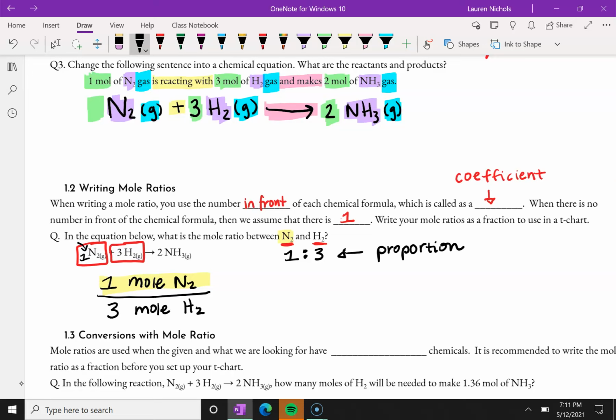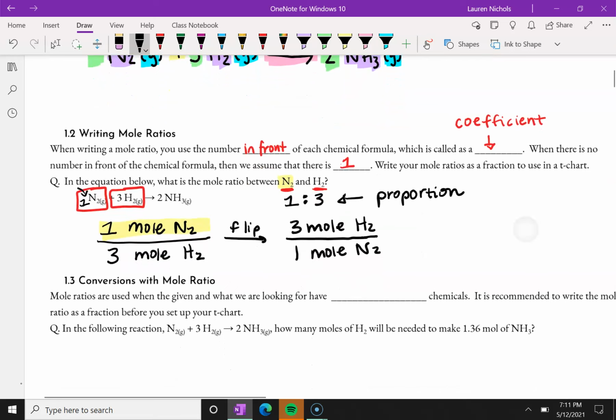And in which case, you can flip the fraction to where 3 moles of hydrogen is at the top and our 1 mole of nitrogen is at the bottom. Okay, so I want you to be aware that these fractions can be flipped because they're equivalent to each other or they're related to each other in this way.